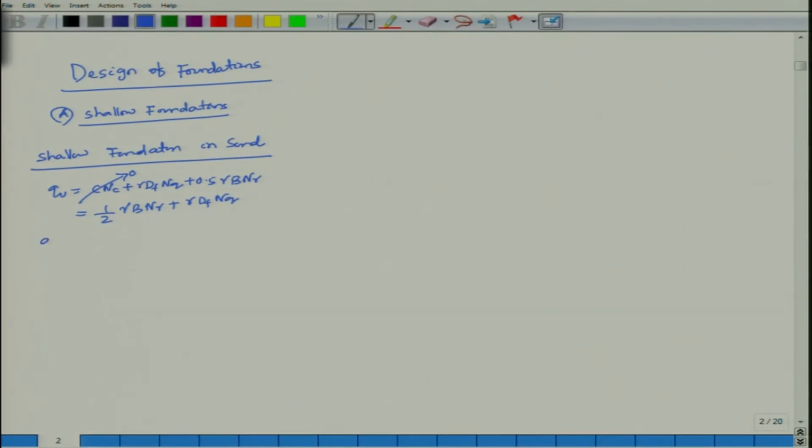So, net ultimate bearing capacity will be half gamma B N gamma plus gamma (Nq minus 1) Df by B.